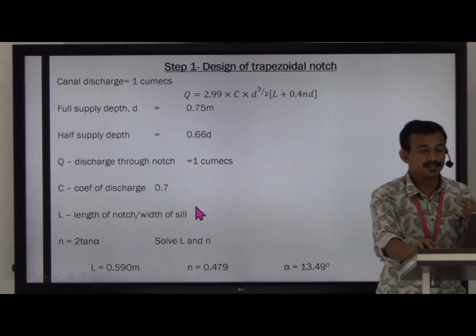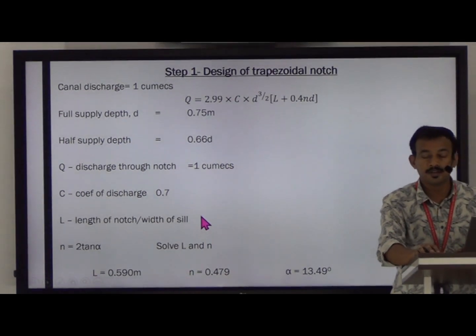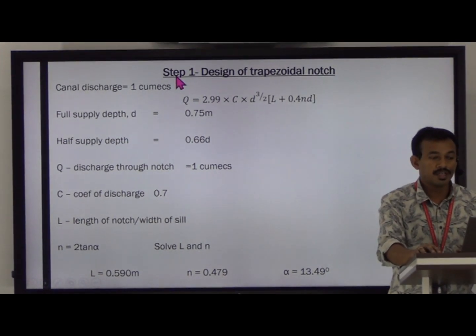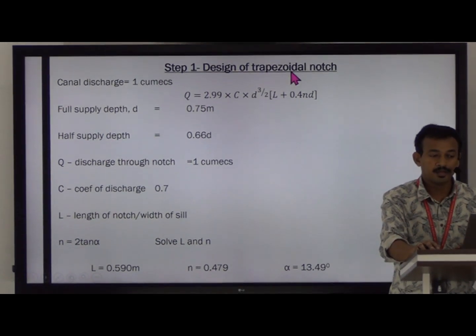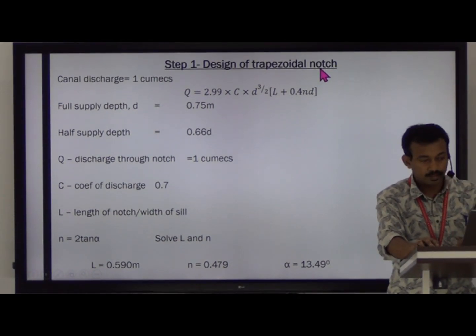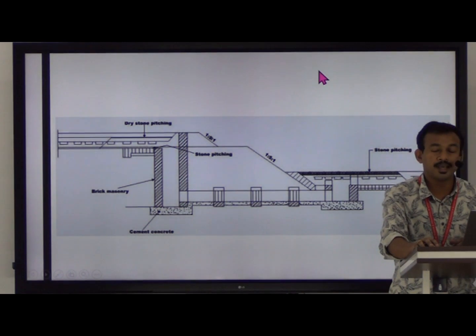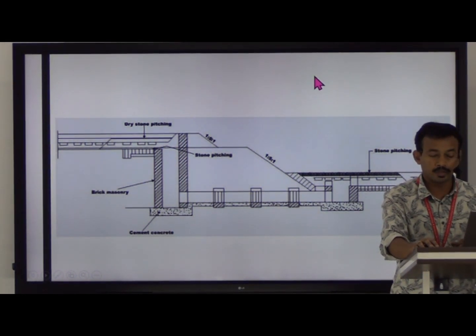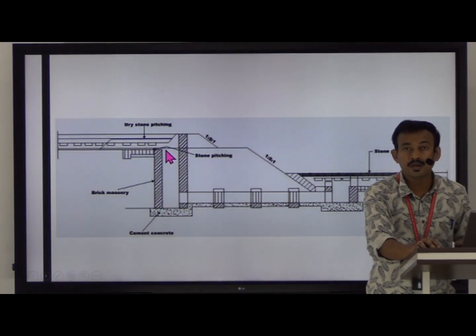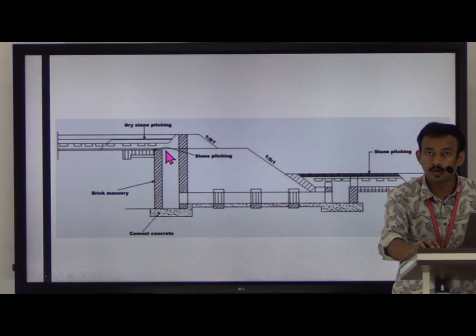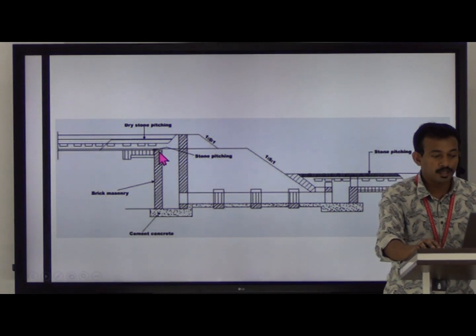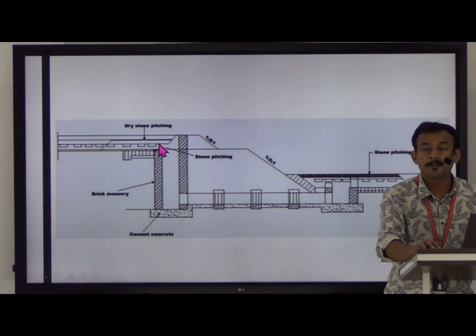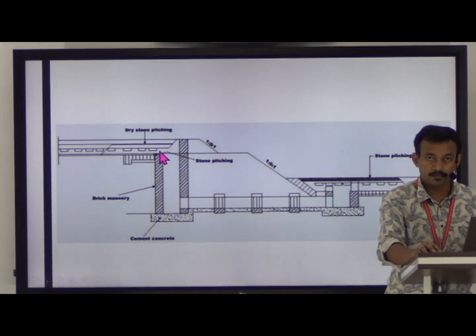Now going to the design aspects of the siphon well drop. Step 1 is the design of the trapezoidal notch. Let's see where the trapezoidal notch is applied. A trapezoidal notch in a siphon well drop is placed at the opening of the upstream canal.